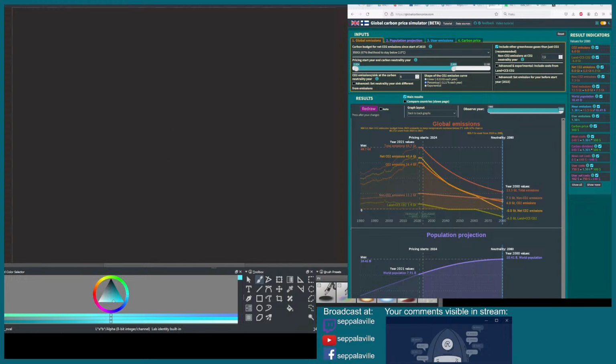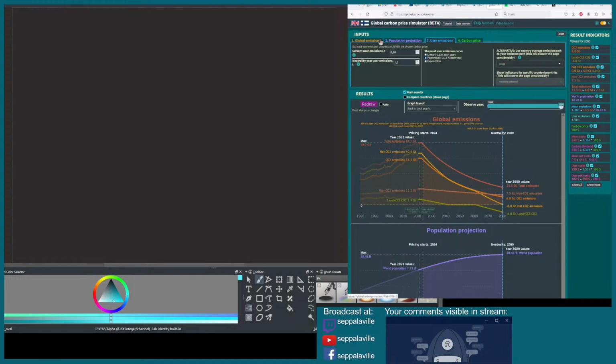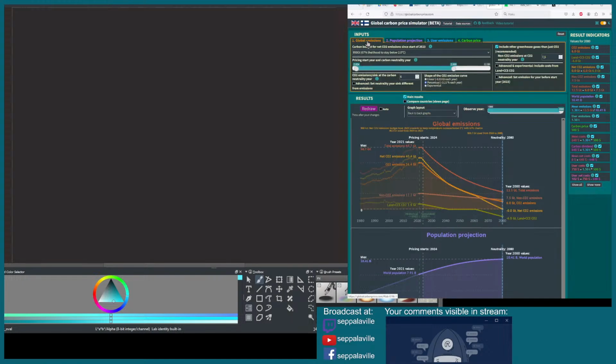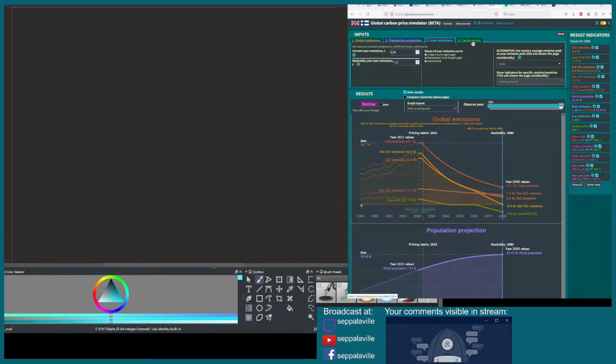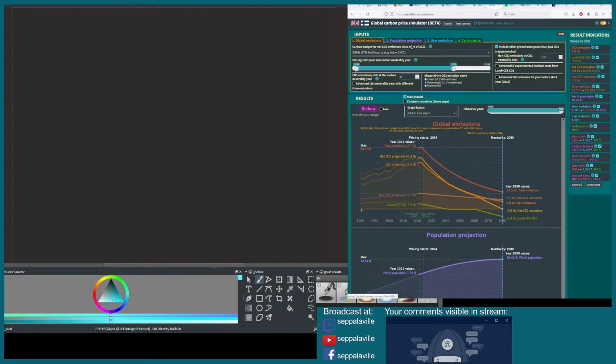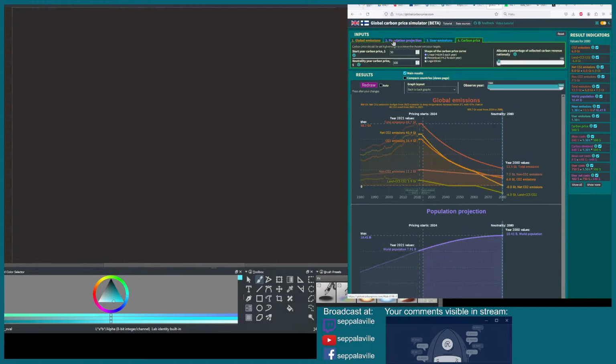layout. Now the layout functions so that the page has the selection stuff up here, and then you have the graphs down here, and the selection stuff is in these tabs here.